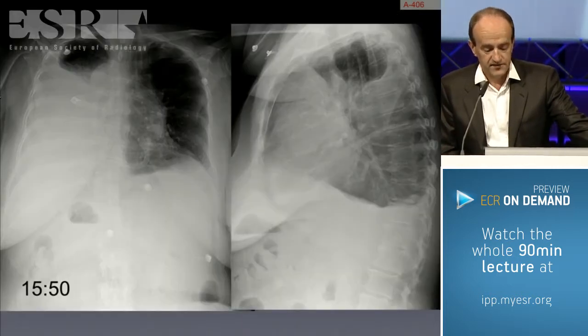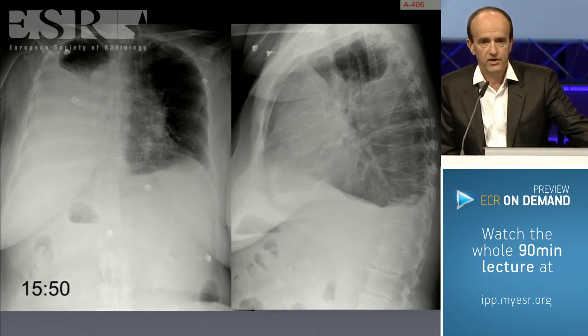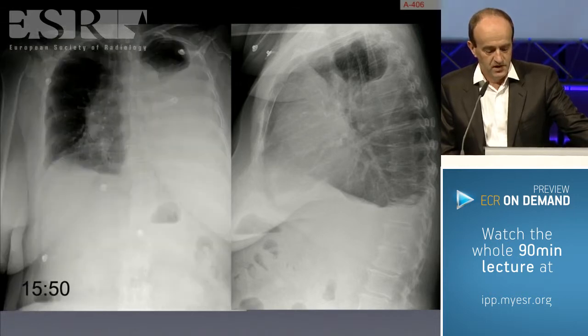Looking at the radiographs again, in fact, you should look at the aortic arch and the air bubble in the stomach and detect that this is an error from the radiographer and the radiograph was inverted. This is the correct radiograph.